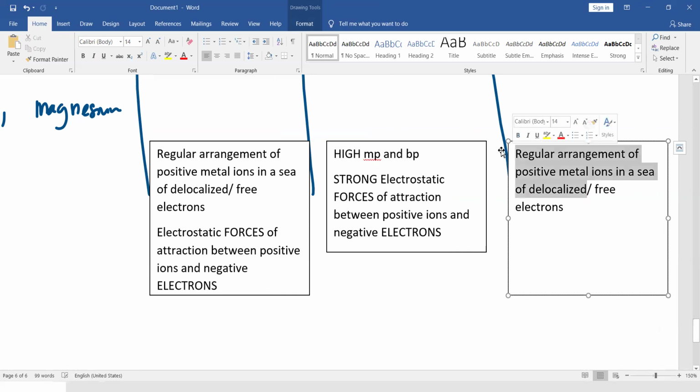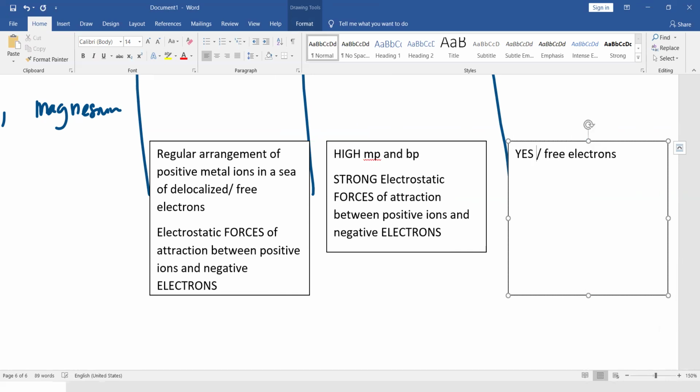Okay, so yes, and this is the most important: in solid, in any state. That means it's the only one that can conduct in solid or liquid. It doesn't apply to gas. It's the only one because it has free electrons, not ions, electrons.